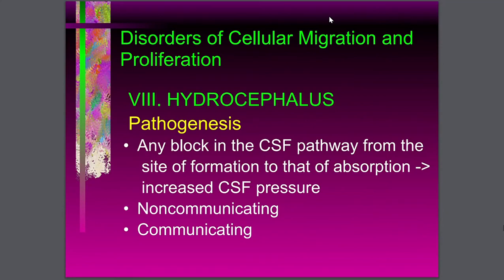So the hydrocephalus may be non-communicating, meaning it is obstructive, if the blockage is within the pathway of the cerebrospinal fluid, and it may be a communicating type of hydrocephalus if the blockage occurs after the CSF pathway, or outside the CSF pathway. Next slide, please.